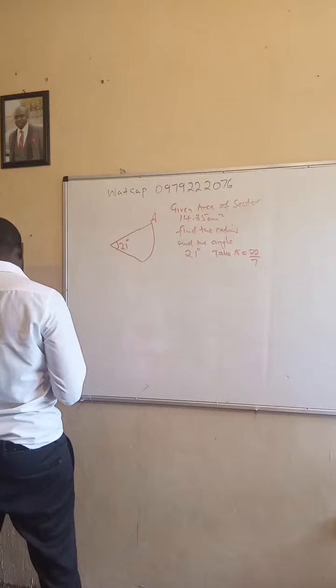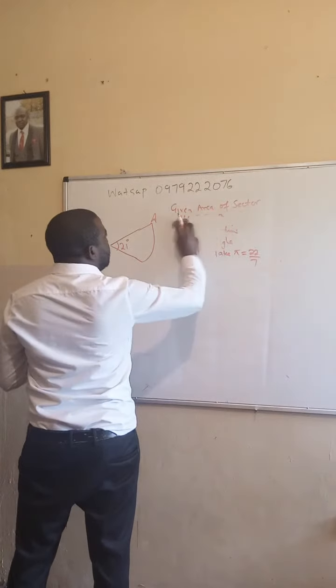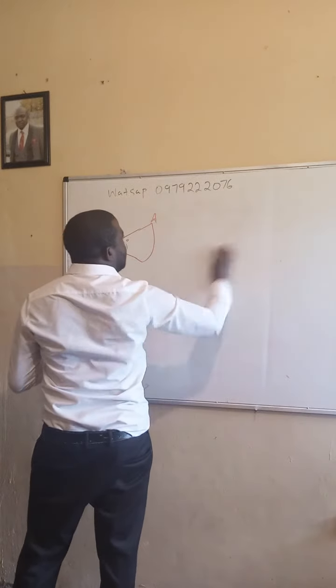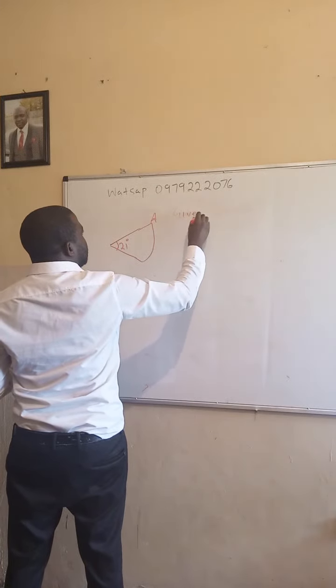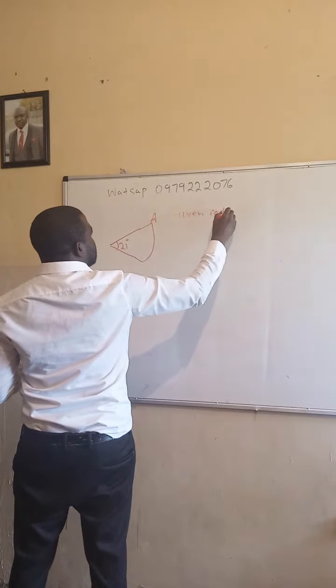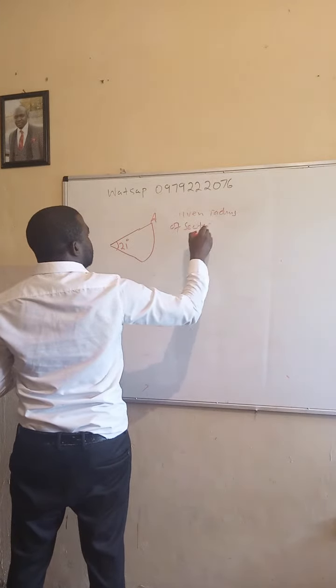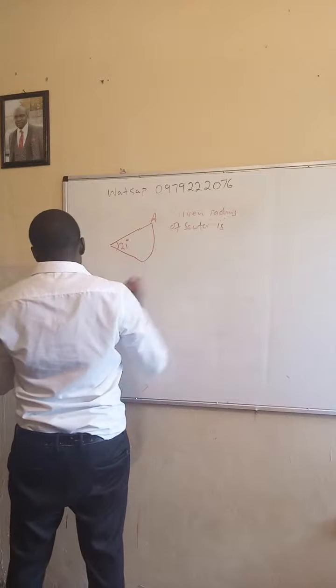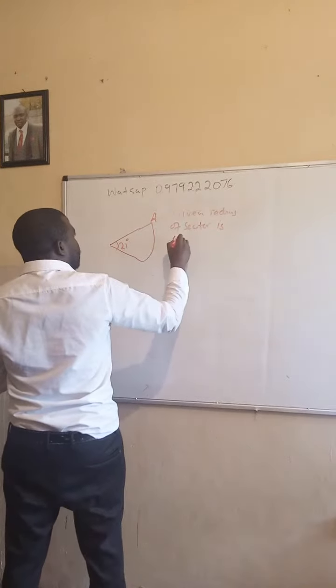Here the question paper is saying given the radius of the sector. Radius is 4.2.